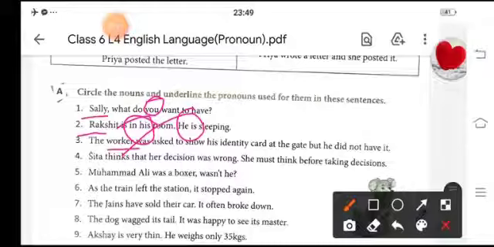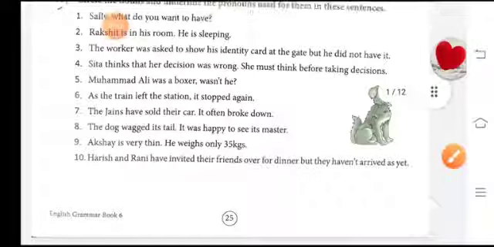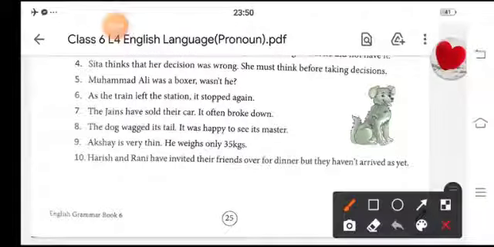Worker was asked to show his, and he. Like Sita, noun; her, pronoun; she, pronoun. Muhammad Ali, noun; he. As the train left the station, train, it.